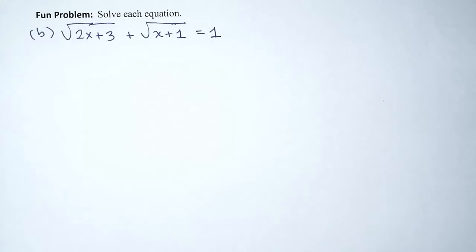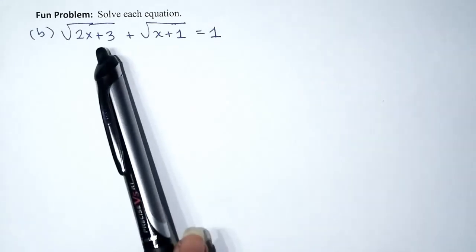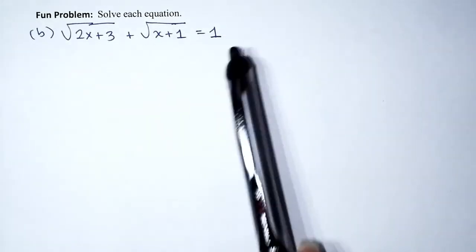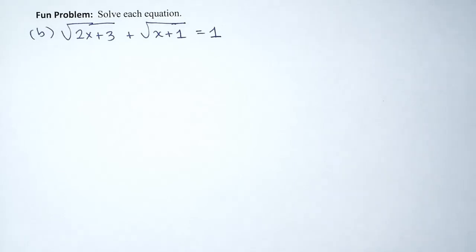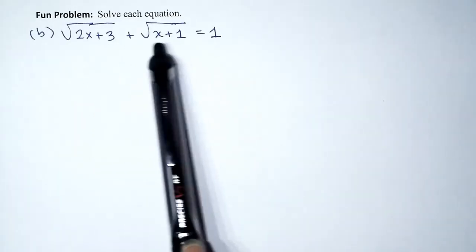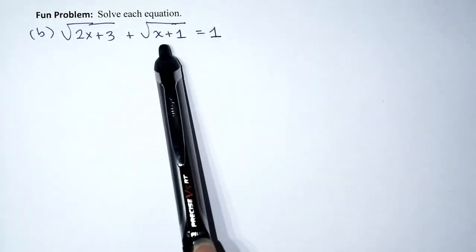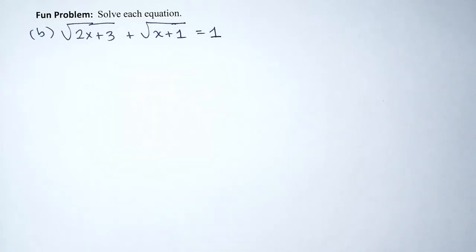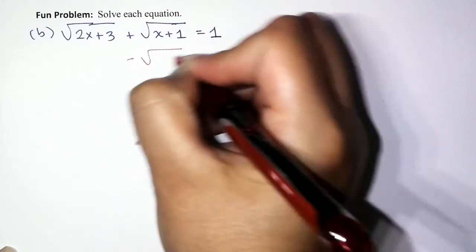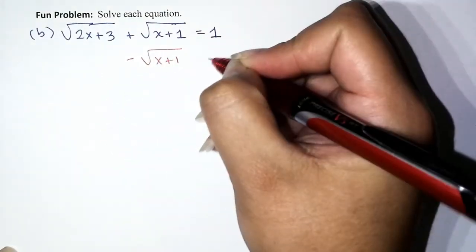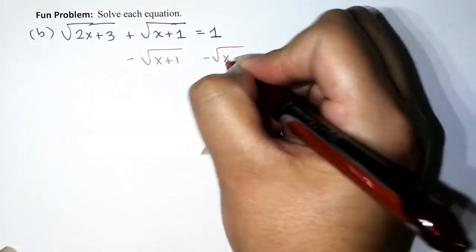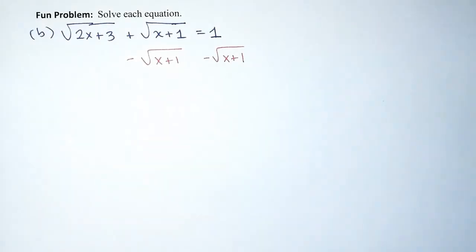Okay, so now what are we going to do? We are going to isolate one of the radicals. I could care less which of these 2 you move, but I'm just going to move the second one because it's easier for me, for aesthetic reasons. So if we subtract the square root of x plus 1 from both sides, let's take our time and write down what that will leave us with.